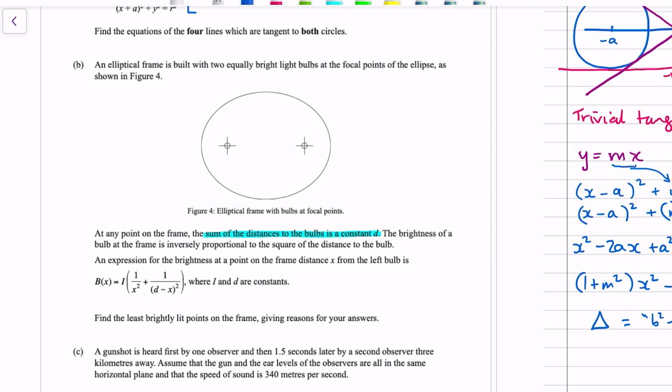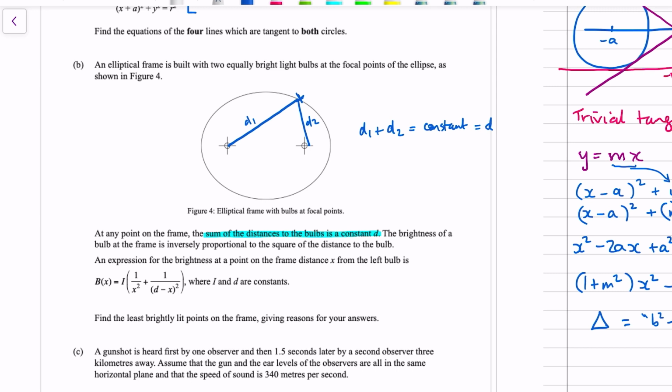So if I take any point on the ellipse, these points here are focal points, then this one d1 plus this one d2 is a constant. And for this question, we're told it's equal to d.